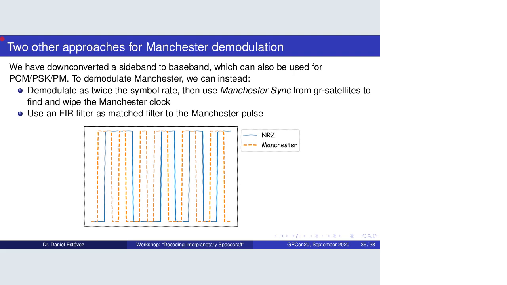For example, for any radio amateurs out there, the Q100, the geostationary satellite for amateur radio, uses Manchester encoding on its amateur beacon. So we've seen just one approach to decoding Manchester modulation.